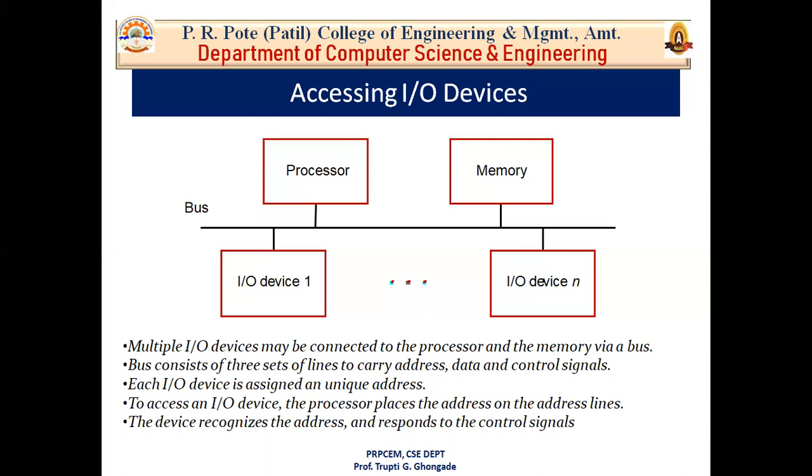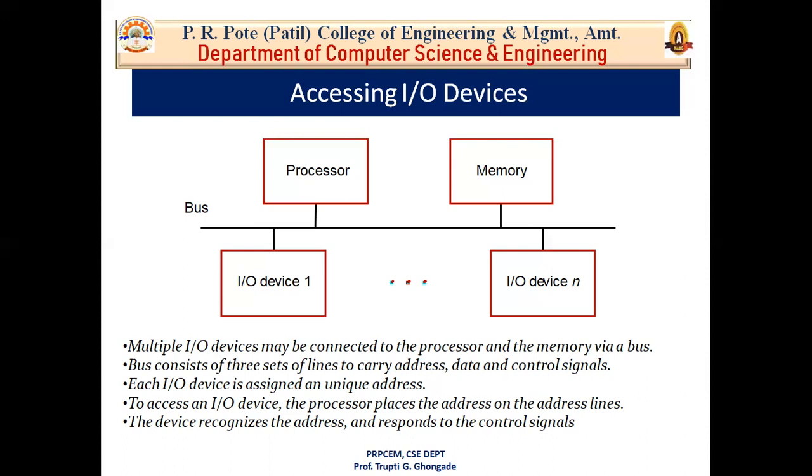The third way is to use one common bus for memory and input output with common control lines, called memory mapped IO. We will see in detail later what memory mapped IO and IO mapped IO are, but for now just understand that if we use one common bus for memory and input output devices with common control lines, this method is called memory mapped IO.